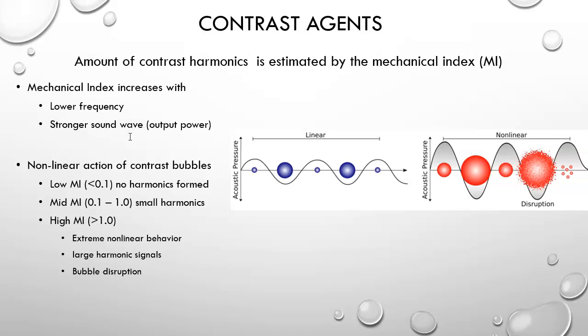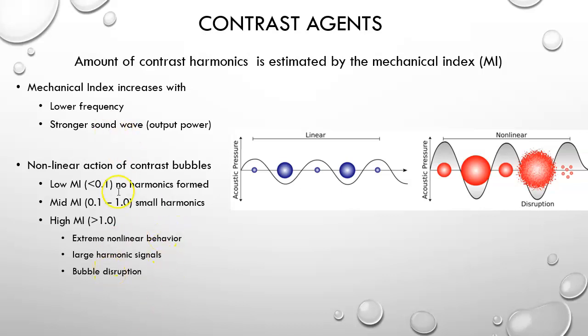And this should make some sense to you, because by lowering the frequency, the bubbles are now spending more time, if you will, at rarefaction than they are at compression. In a higher frequency, they're in rarefaction for a very short period of time compared to a lower frequency. So at low frequency, they're in rarefaction for a longer time, and that gives the bubbles more chance to burst.